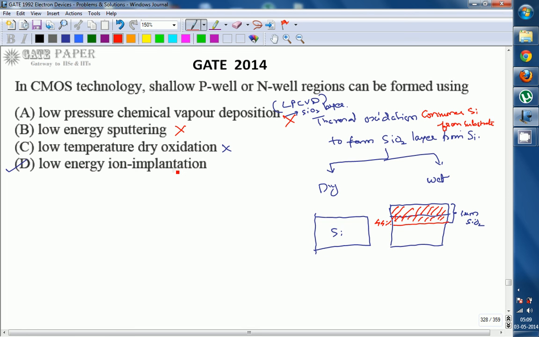After some time they come to rest, penetrating to some predefined depth. So this is low energy ion implantation, the process used to form N-well as well as P-well regions. So the right option for this question is D. Thank you.